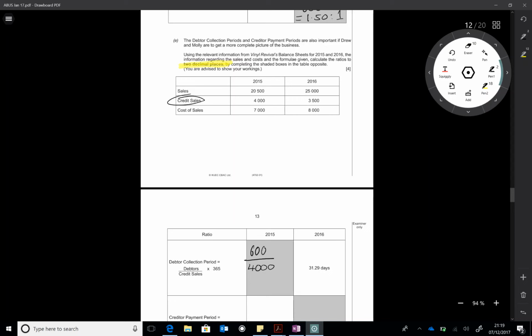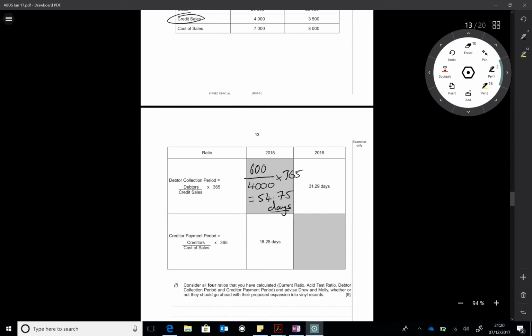And because I'm working in days, I need to times this by 365. This should give you a total of 54.75 days. Okay, and again, remember to write days on the end there just to secure your mark.